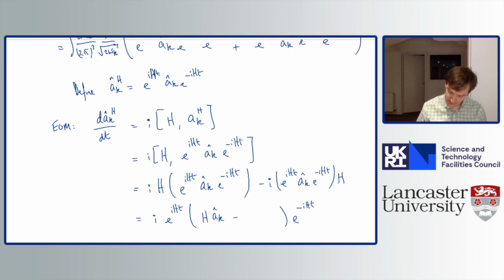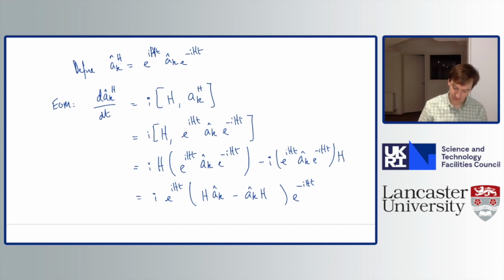And the bit I'm left with in the middle, well, I'm going to have a_k, and then, okay, I'm bringing the H through the exponential, but I can't take it past the a_k, so I'm going to have a_k H. In other words, I have i e to the iHt, commutator of H with a_k, e to the minus iHt.